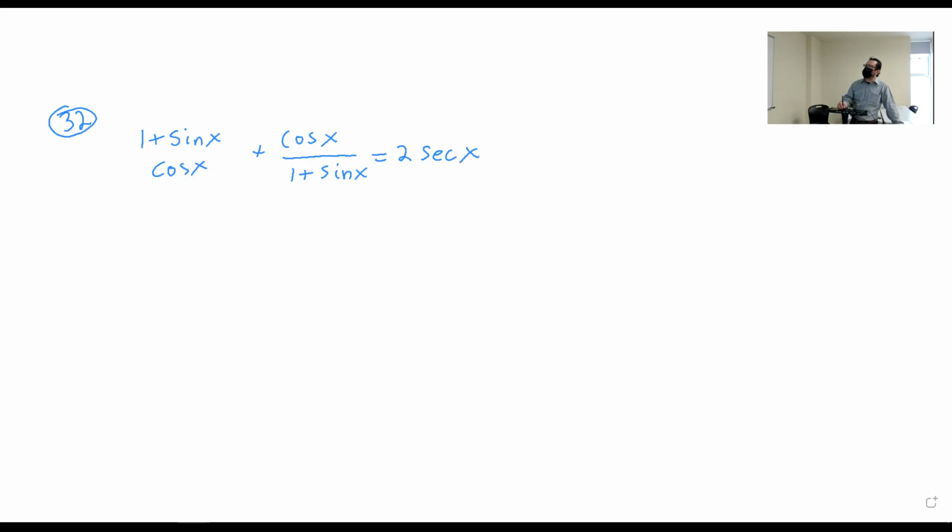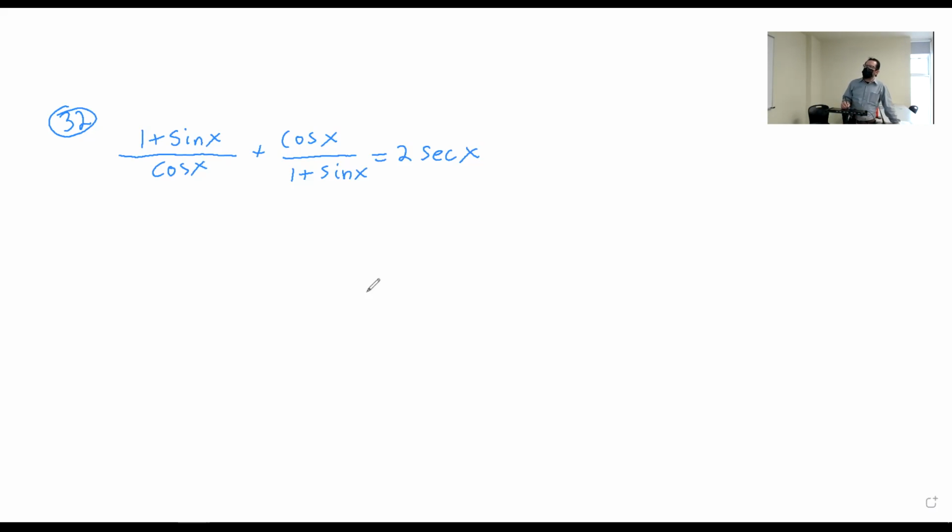Okay, so there are many things we can do here. Can 2 secant x be 1 secant x plus 1 secant x? You can separate that into secant plus secant.